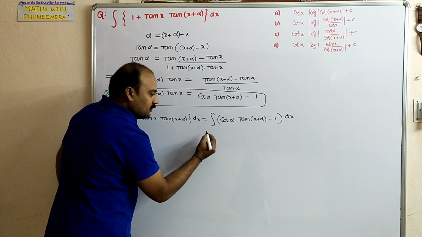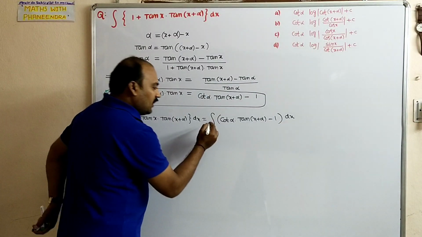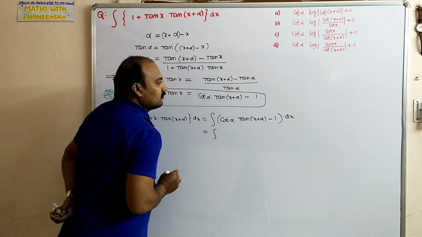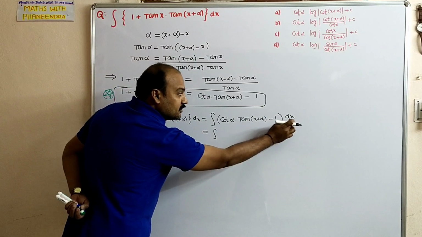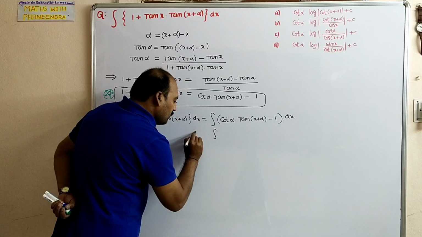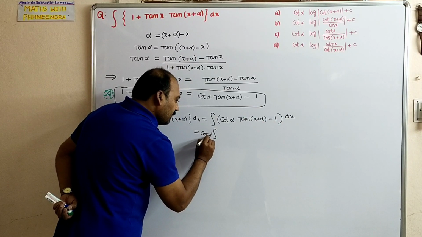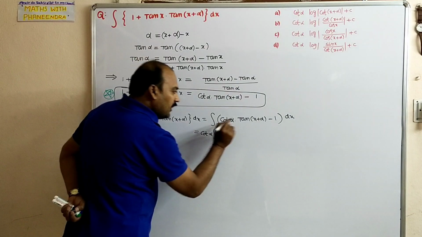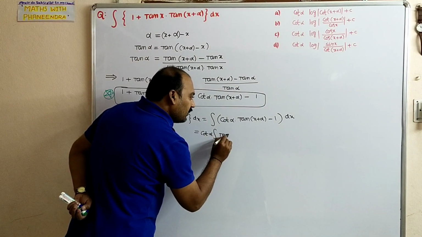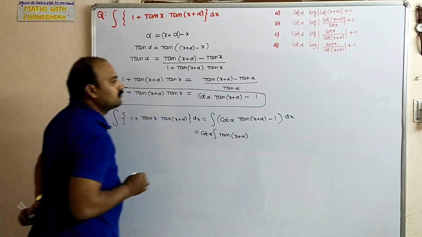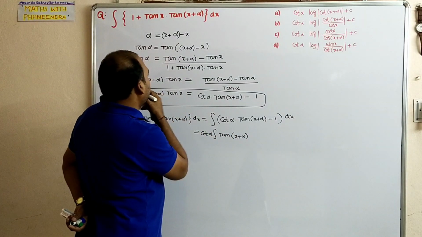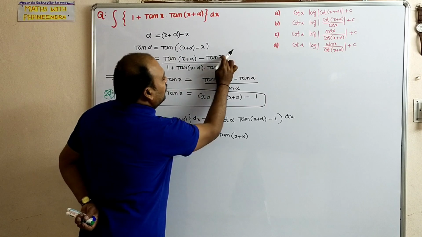Now split into terms. Cot alpha is a constant with respect to x, so we can take cot alpha outside. Then the integral of tan of x plus alpha, no, sorry, here tan x is there.